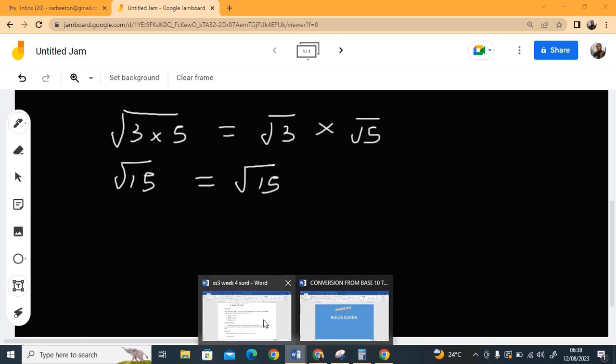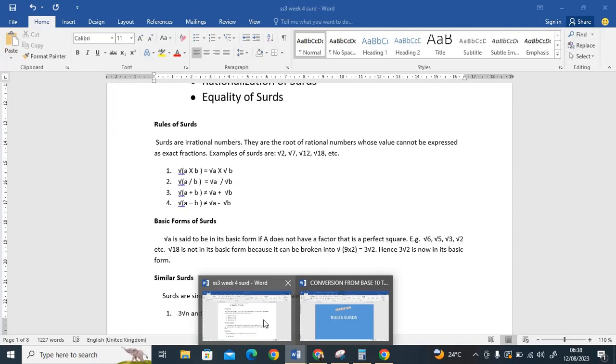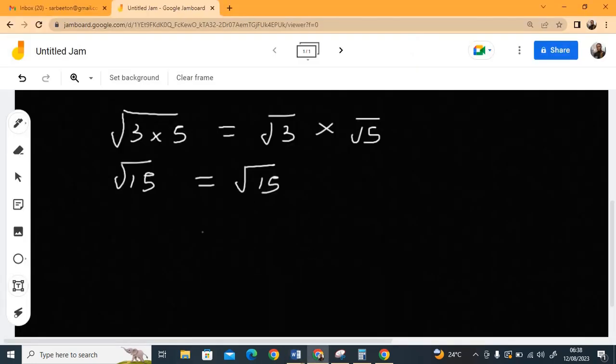Now the next one, we have division also. If you have root of 10 over 2, it is the same thing as saying root 10 over root 2.